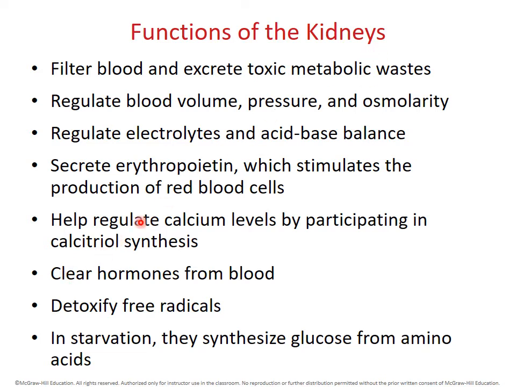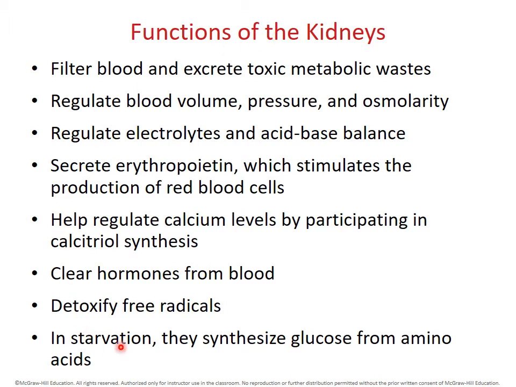The kidneys can help remove hormones from the blood. Again, monitoring blood chemistry to maintain proper blood chemistry. So that includes hormones. And so it's one of the ways that the effect of hormones diminishes over time, is that the kidneys will remove them from the bloodstream.